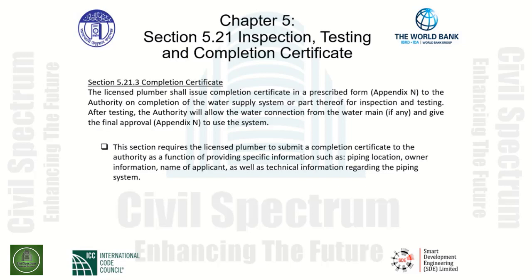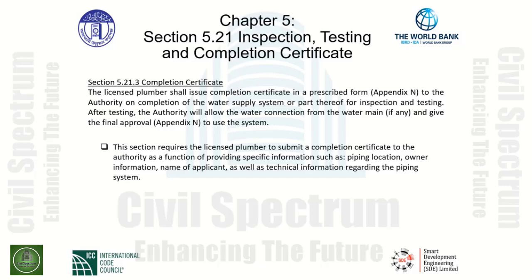The completion certificate is indicated according to the requirement based upon Section 5.21.3. The licensed plumber shall issue the completion certificate in a prescribed form. The reference here is Appendix N. The plumber needs to issue the completion certificate to the authority on completion of the water supply system or any part thereof for inspection and testing.